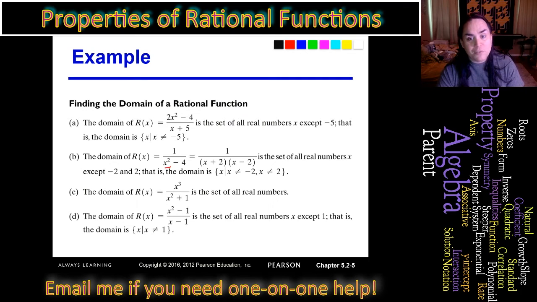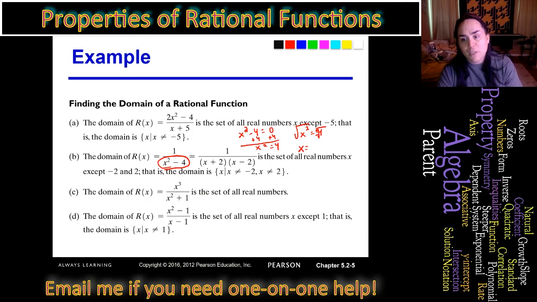What values of x would make the denominator 0? Well, set x squared minus 4 equal to 0 and solve. I can subtract 4 from both sides, and I get x squared equals 4. And if x squared equals 4, I can take the square root of both sides. But don't forget, you got to do plus or minus when you take the square root.